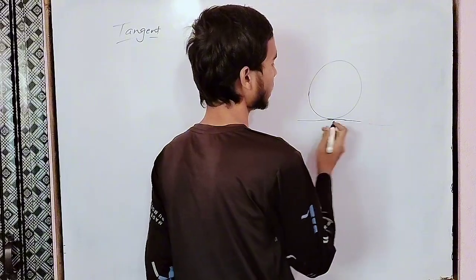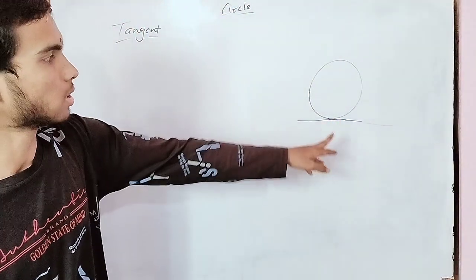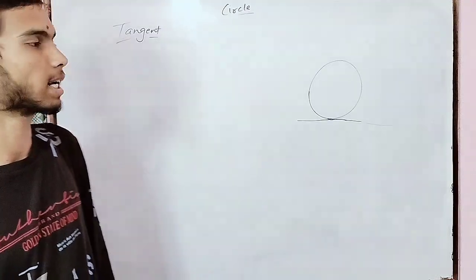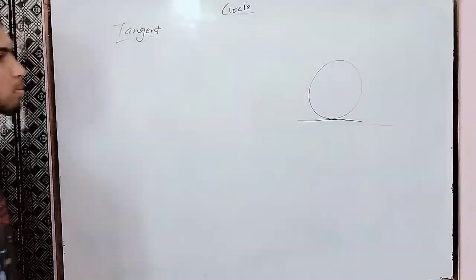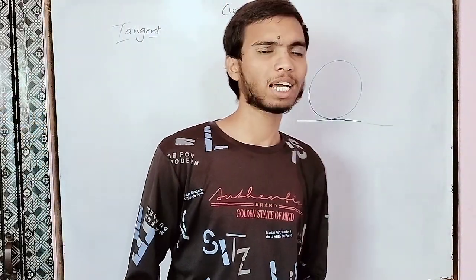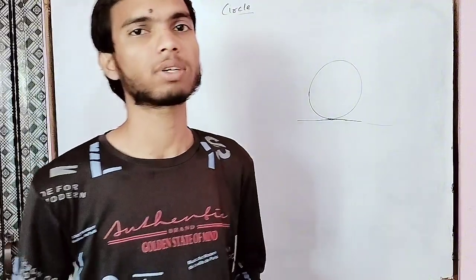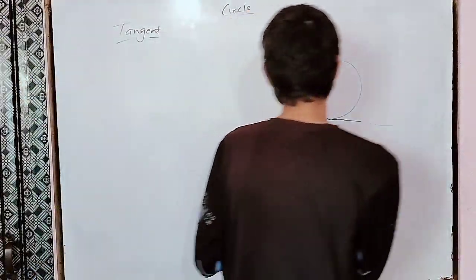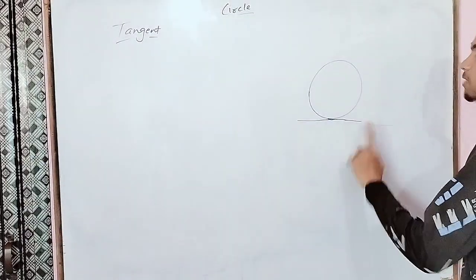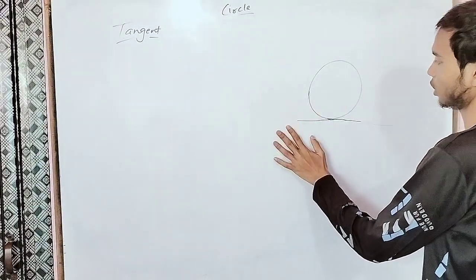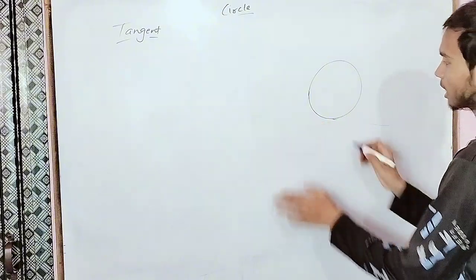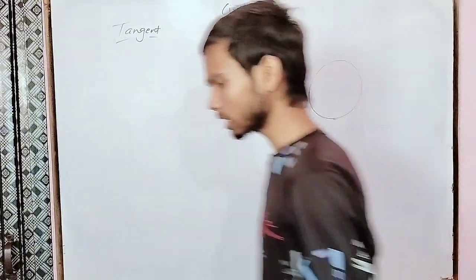So here this line is touching the circumference of the circle, so this line will be considered a tangent. The work of a tangent is to touch the circumference of the circle. That's the meaning of a tangent line. This is also a line segment, but the name of this line segment is tangent. Now, the question from my side: how many tangents? There are 3 points.